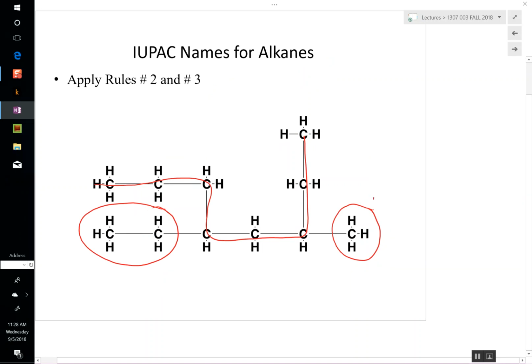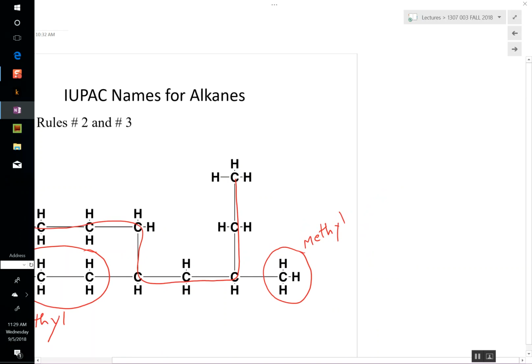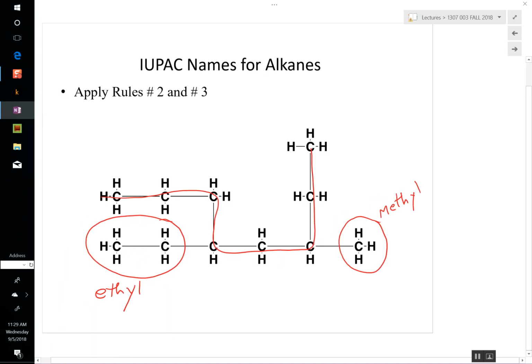So this one over here is a methyl, just like the one that was on the other molecule. What is this one? Ethyl. It has 2 carbons, E-T-H stands for 2 carbons. Meth, 1.